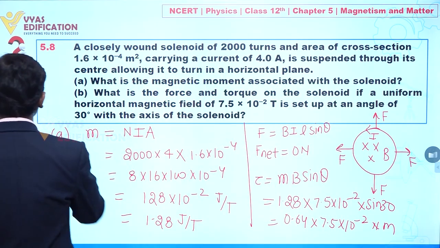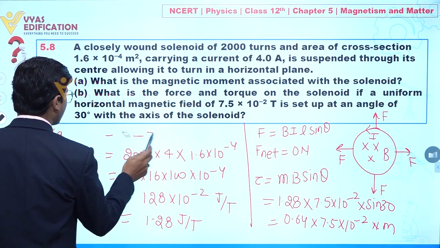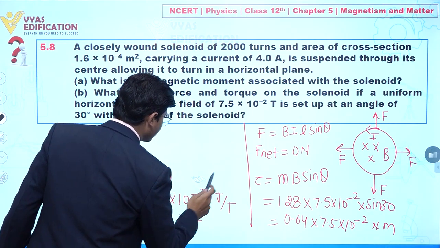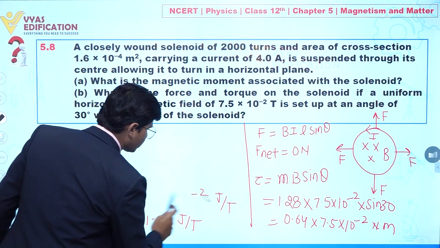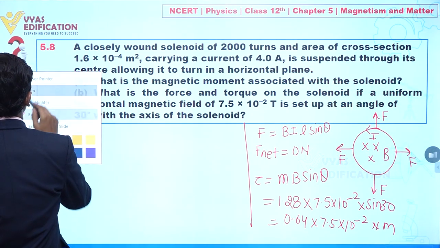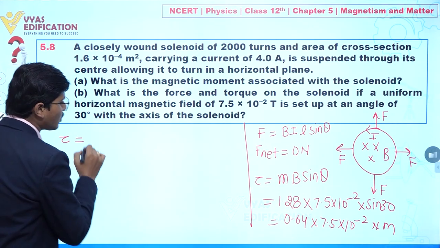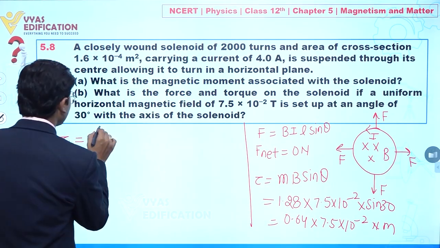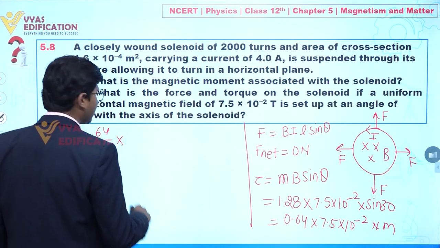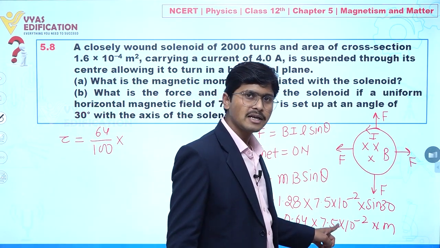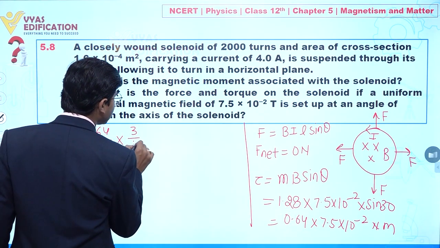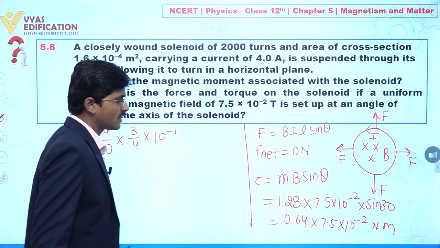Now we can simplify the value of the torque. We can write this as 64/100 multiplied by 7.5. If you multiply it by 10 and divide by 10, this is 0.75, which is 3/4, and 10^-1.